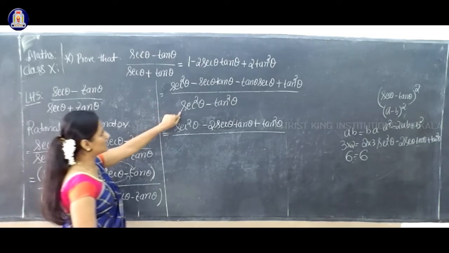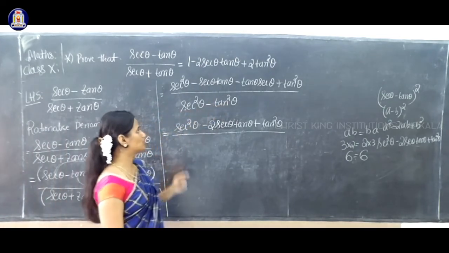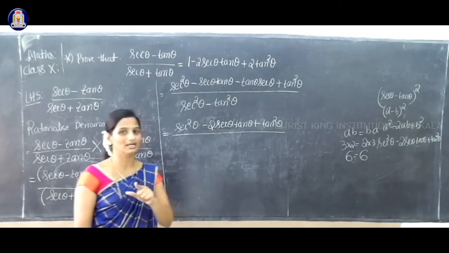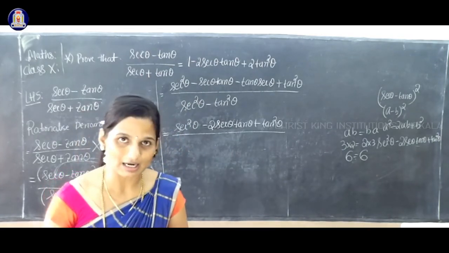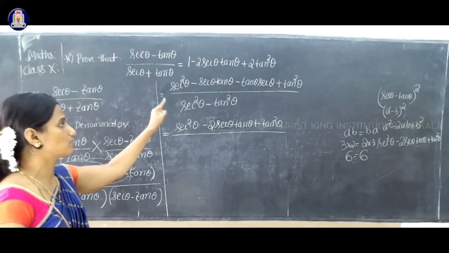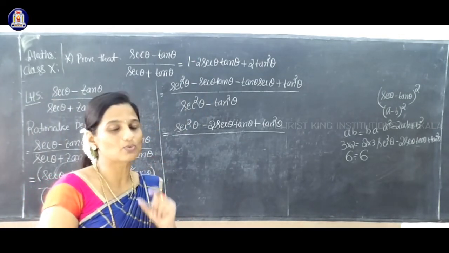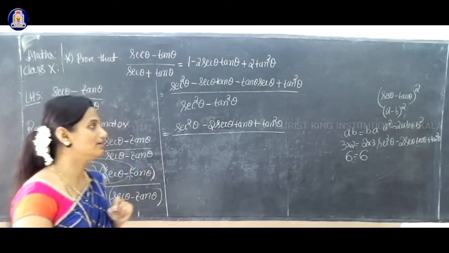Now next, secant square theta minus tan square theta: identity. There is a relation between secant square and tan square. Search from your formula list. What is secant square minus tan square? Is it given? See that.